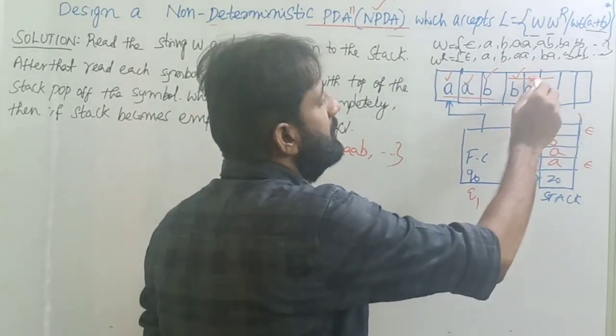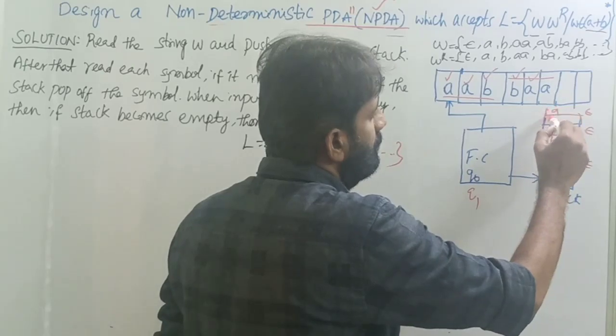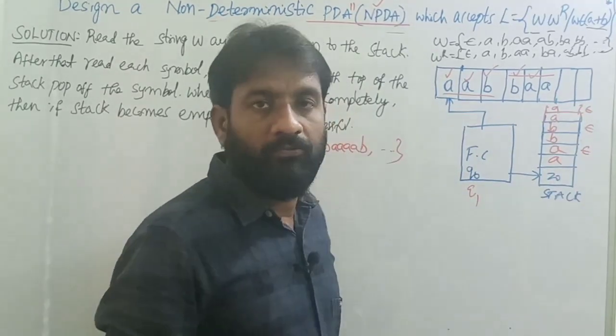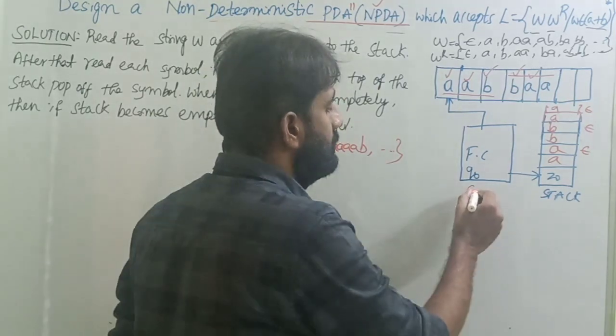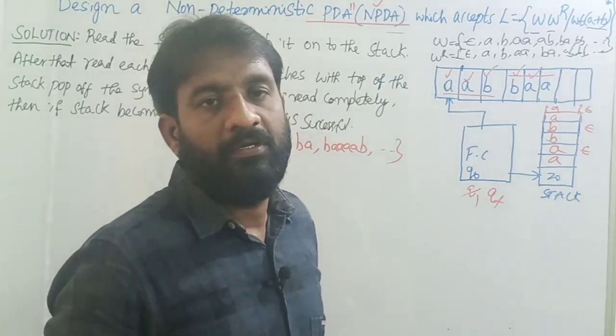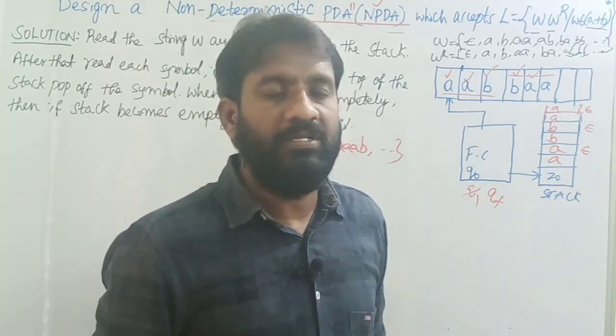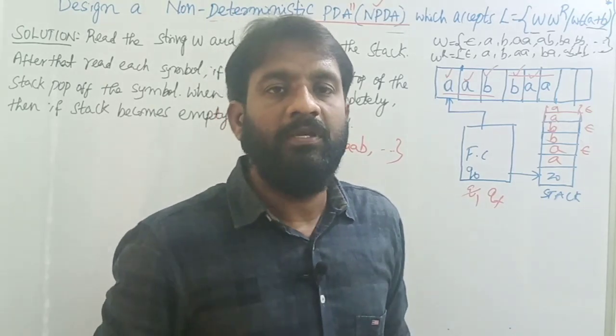Then next input symbol is A, you can add A onto the stack, or else you do the pop operation. So these are all the possibilities. Finally, if all input symbols are exhausted, you move from Q1 state to QF so that we can indicate the string is accepted by final state. Later you make the stack empty so that we can indicate the string is accepted by empty stack.